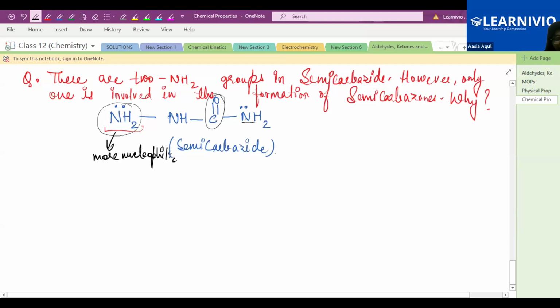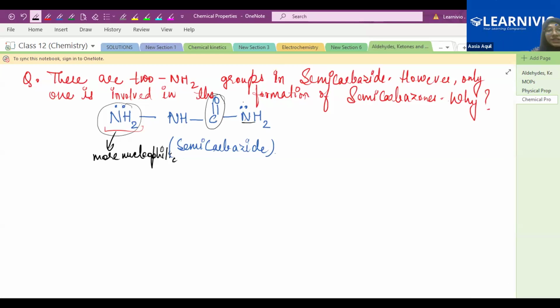So this lone pair of this nitrogen is delocalized through the resonance, which is why it is not available to act as a nucleophile. It is not free for the reaction.